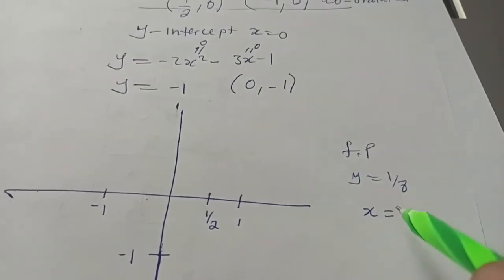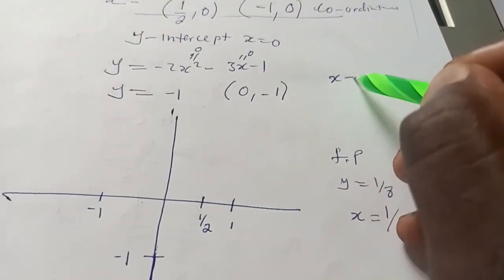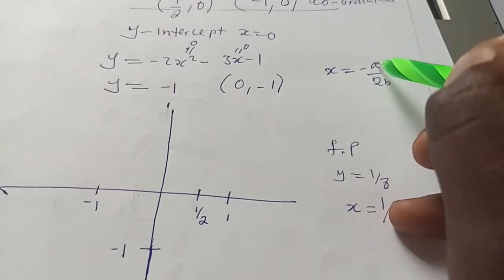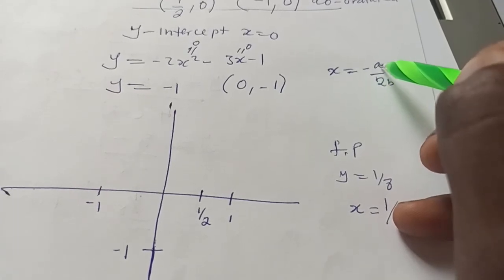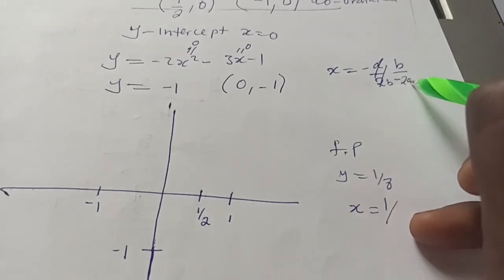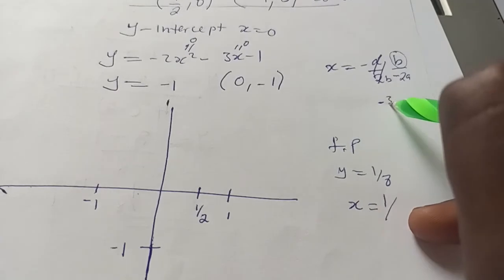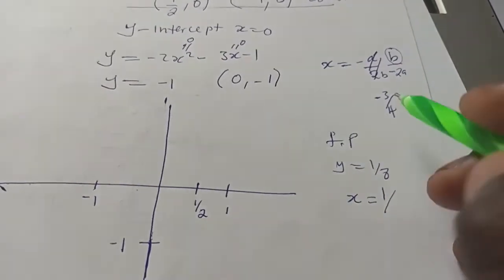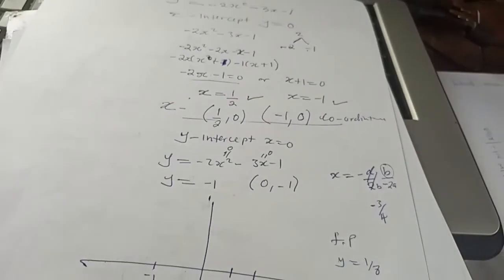Because remember x is equal to negative b over 2a. Sorry, it is b over negative 2a. What is our b value? Our b value is negative 3. Our a value, so this one becomes positive 4. So the answer there is negative 3 over 4, which is a proof.